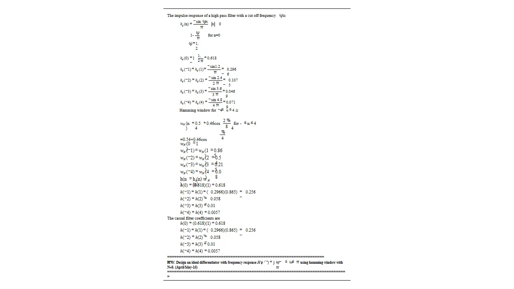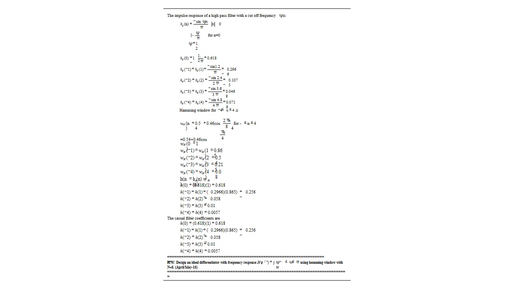So we multiply both together and find these h of n values. Next, the causal filter coefficients: h of 0 is equal to the value we get when we multiply by 1. Next h of minus 1 is equal to h of 1. For that we multiply the values together and we will get the output value.